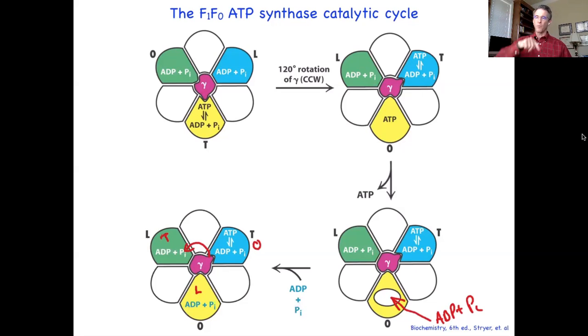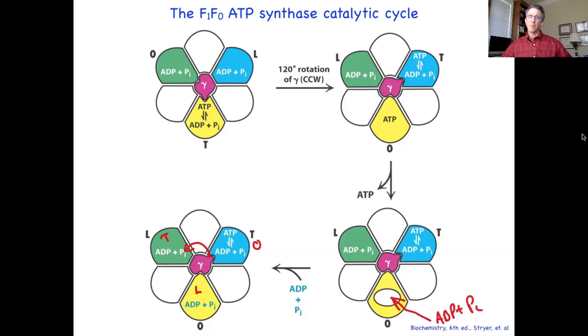So you can see how that would work by rotary repositioning of that asymmetric gamma stalk between the three beta subunits. Like I said, this was Boyer's binding change mechanism, and it made a lot of sense. There was a lot of accumulating evidence that something like this had to be going on at some level.